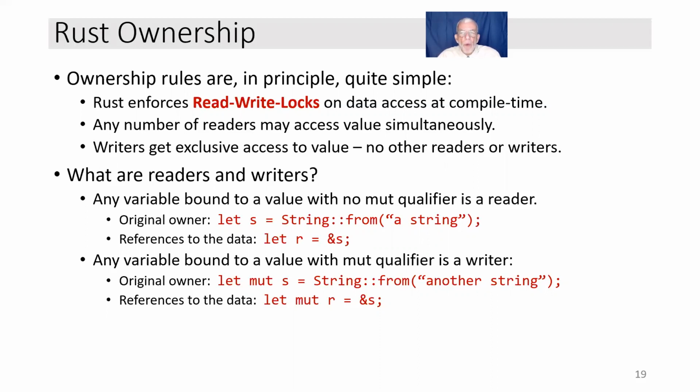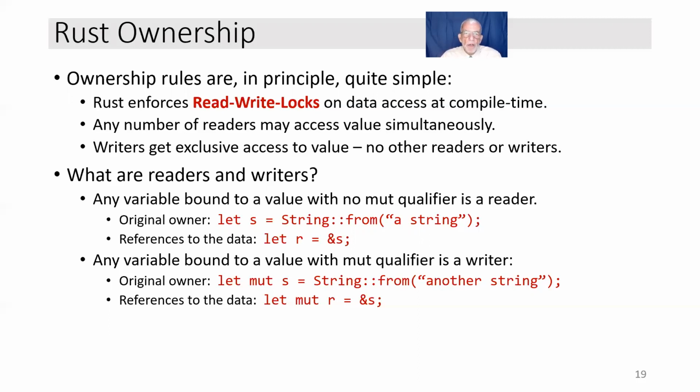But if there is a writer, one and only one writer, then no readers can view that data. So we can have a single writer, or we can have multiple readers. Now, readers are divided up into a couple of categories, and that's what we're going to get to next.